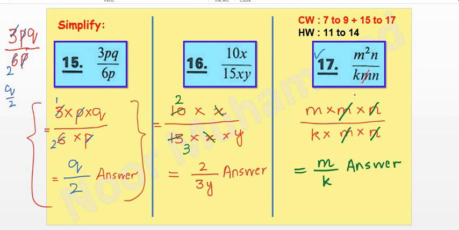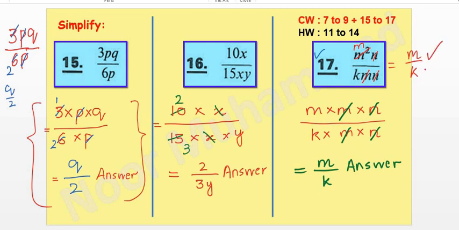So this means here I have only one m, and here I have m times m. So one of the m will be cancelled and only one m will be left here. When I look at the n, n and n can be cancelled with each other. So what is the answer left? m over k.